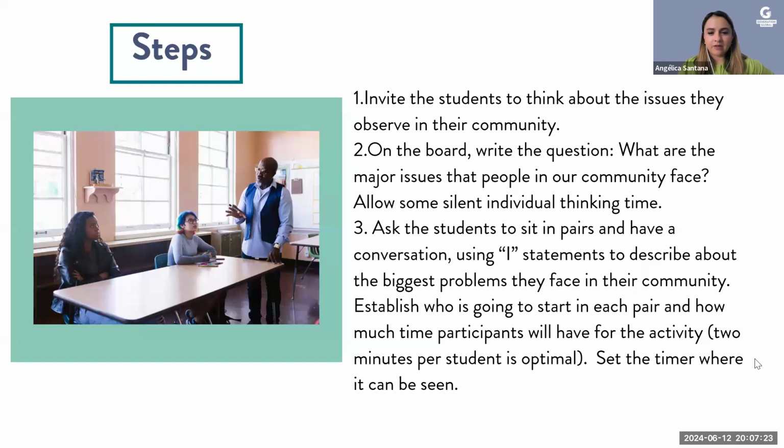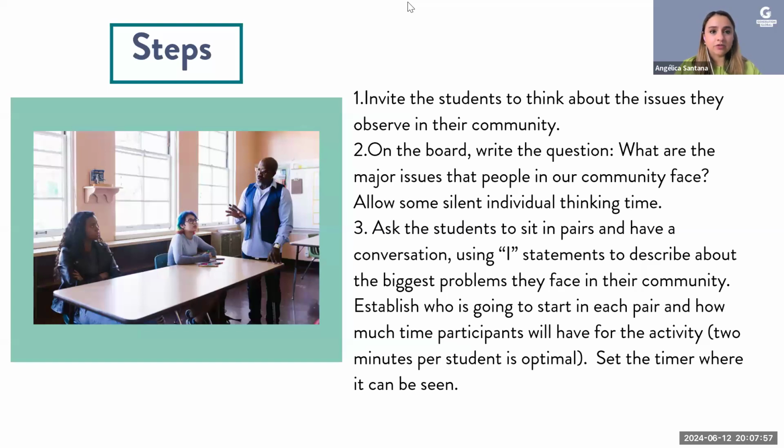The first step is to invite the students to think about the issues that they observe in their community. This is like an icebreaker. When they are in the classroom, you ask them to think about what issues they observe in their community that are complex or challenging.